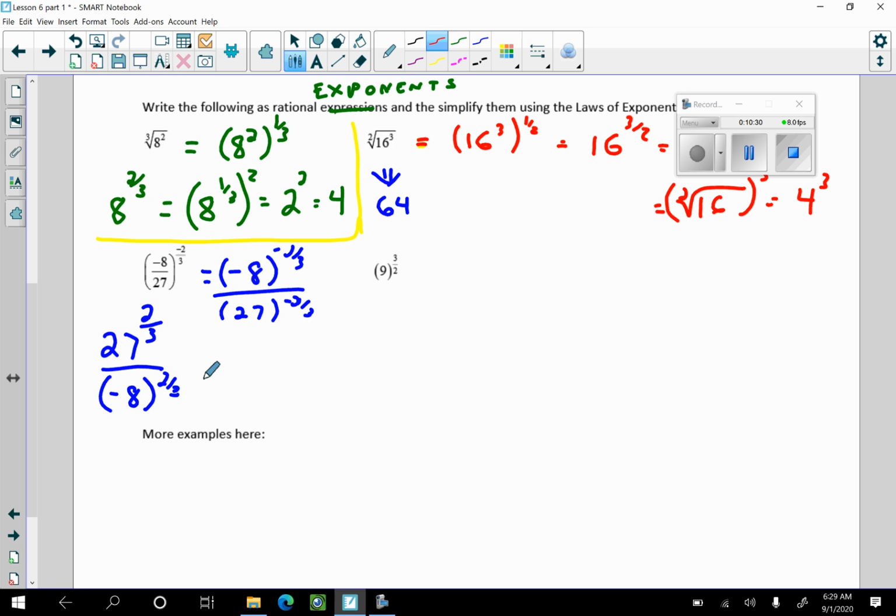And now I'm going to use that power to a power, and I'm going to write that as the cube root of 27 squared over the cube root of negative 8 squared. And we know the cube root of 27 is 3, so I have 3 squared. I know the cube root of negative 8 is negative 2, so I have negative 2 squared, and that rascal is going to be 9/4, and certainly doesn't look like it.